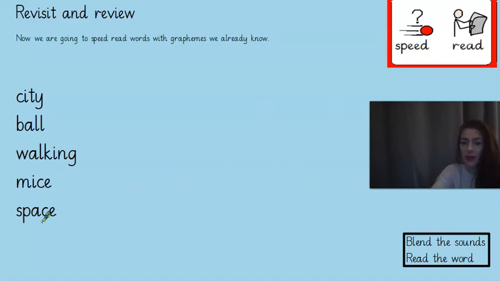Can you see some of the rules? Soft C. When a K is before an I or an E. Or, A for or when it's before. And also there's a suffix here. Ing.